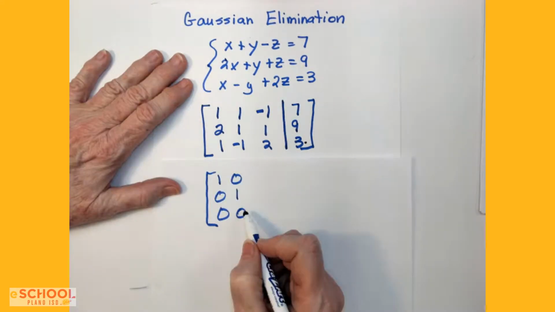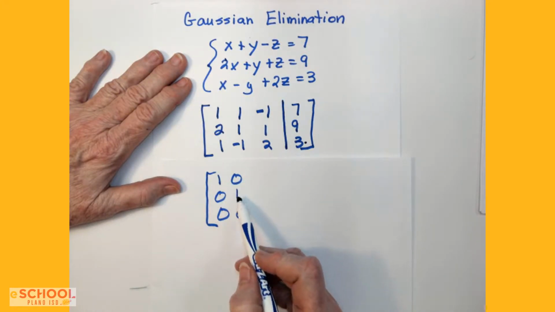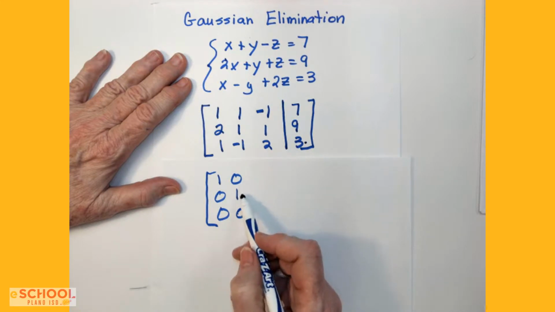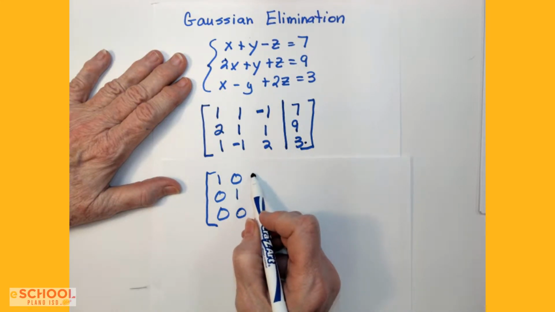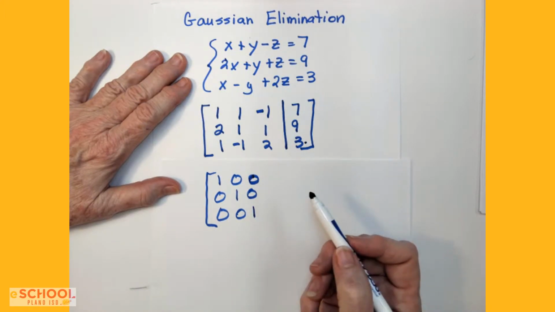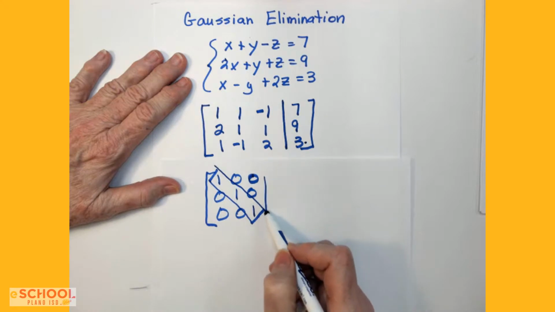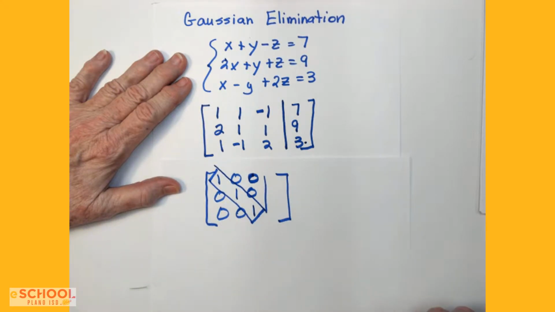The goal of Gaussian elimination is to make sure that you have 1s along the diagonal of the matrix. So you might have 0s here, you might not, but this needs to have a 1 when you're working through the problem.